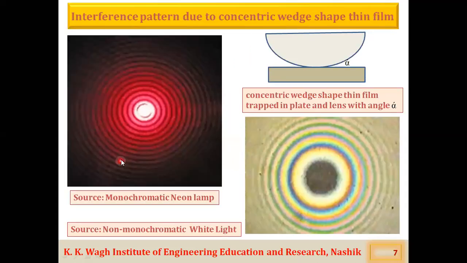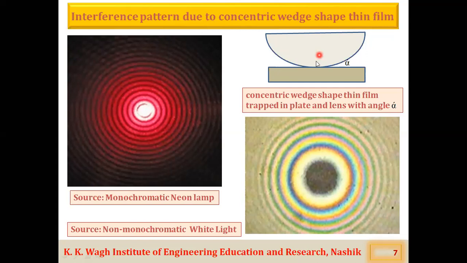The interference pattern due to one more type of thin film, the wedge-shaped thin film, is a concentric wedge-shaped thin film. What do you mean by concentric? One point remains as the center, and then in all directions the wedge shape is observed. The thickness of the thin layer increases in all directions, and for that purpose the special device you have to use here is a plain glass plate on which a plano-convex lens is kept.